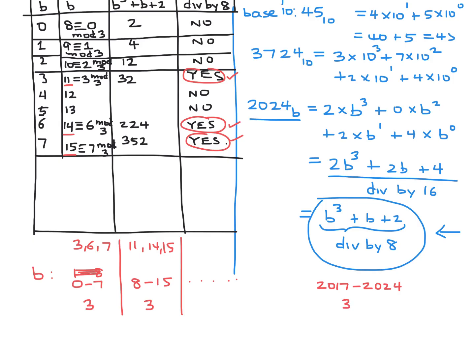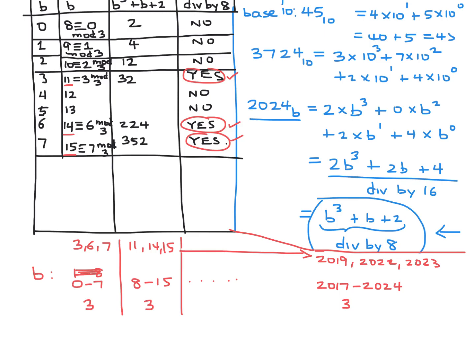And those ones, I can figure this out. If you want the actual numbers, it will be 2019, 2022, and 2023. So that means we have a whole bunch of groups of 3s.